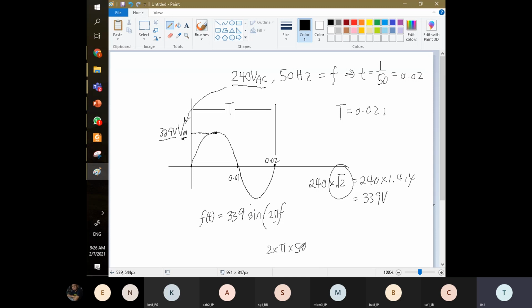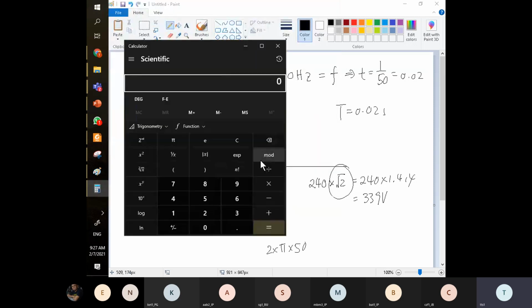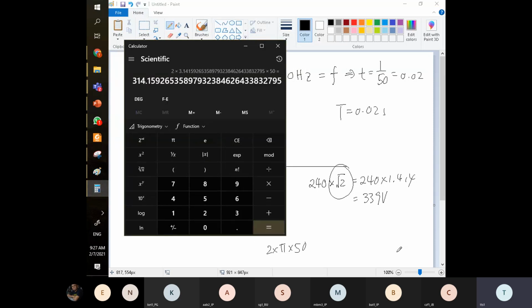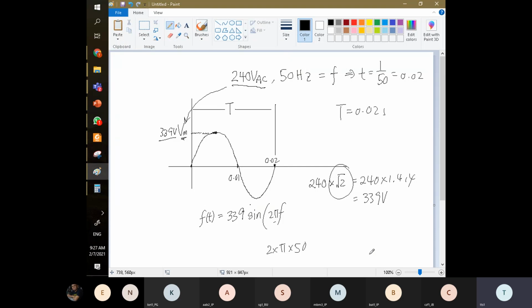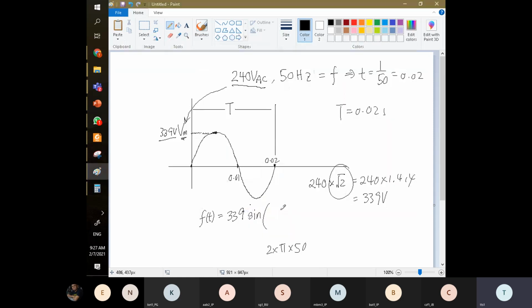You multiply these three together, 2 times pi times 50. So you get 314. So in Malaysia, the function should be like this: 314T. This is Malaysia. Okay, 314T. And volt.